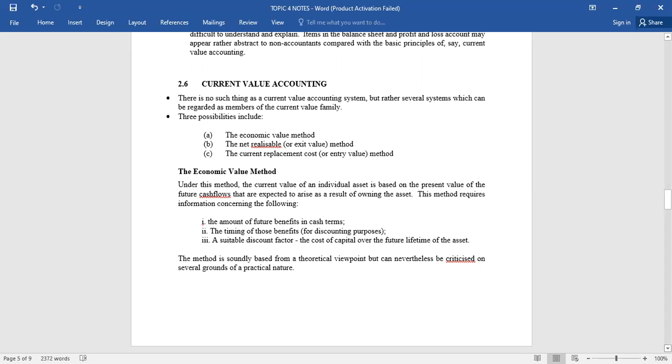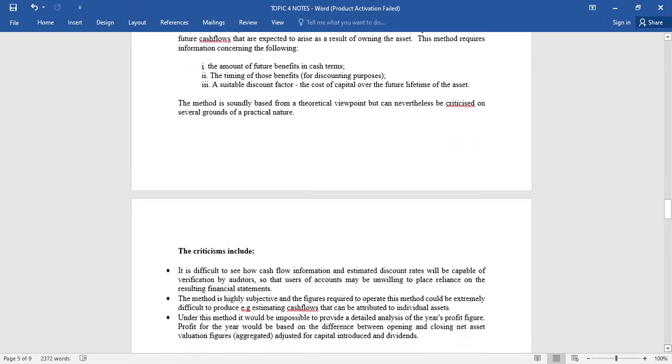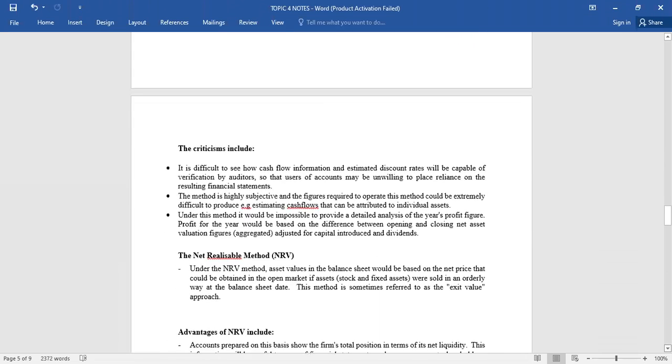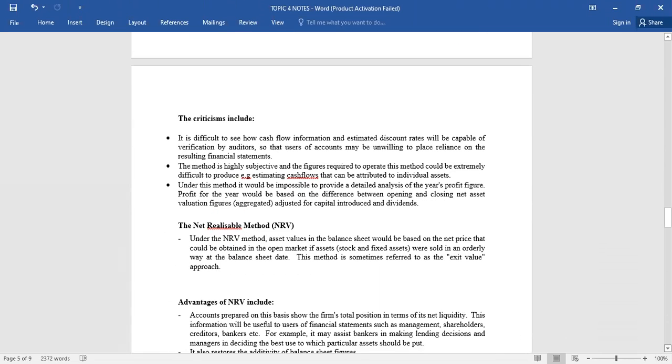So let me look at the last two. We have the net realizable method, we have the criticism, and I think I've already explained that. Now for the net realizable method, under the NRV method, asset values in the balance sheet are based on the net price that could be obtained in the open market if you were to dispose of them today.